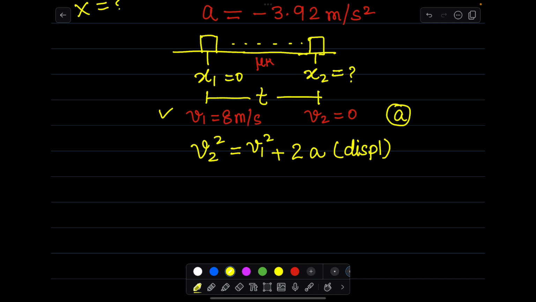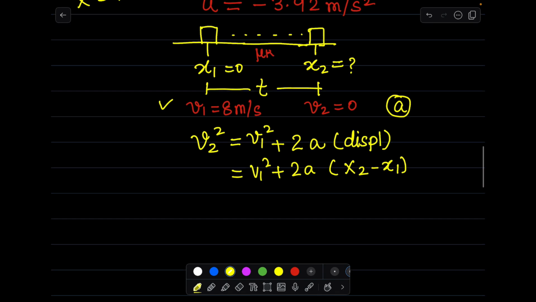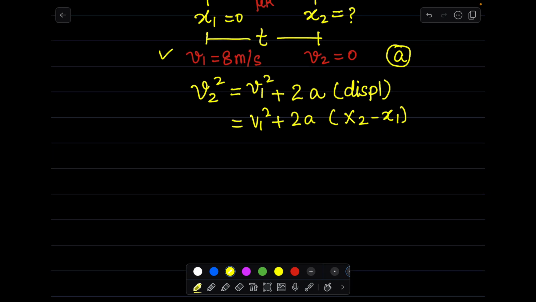So you can write this displacement here: v2 square is equal to v1 square plus 2a times (x2 minus x1). So now I will put the values, because we know that v2 is already 0 here.